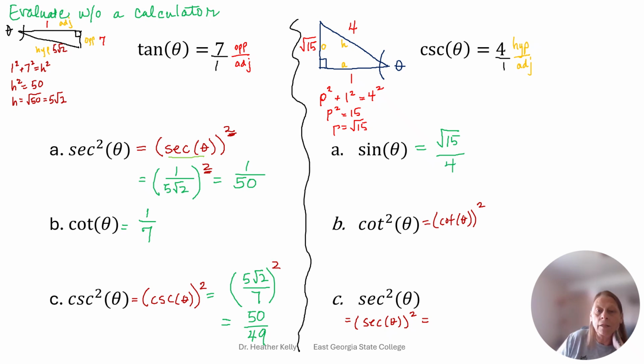Our cotan is going to be our adjacent over our opposite, so we'll have 1 over the square root of 15 squared. So that makes that work really nice and easy.